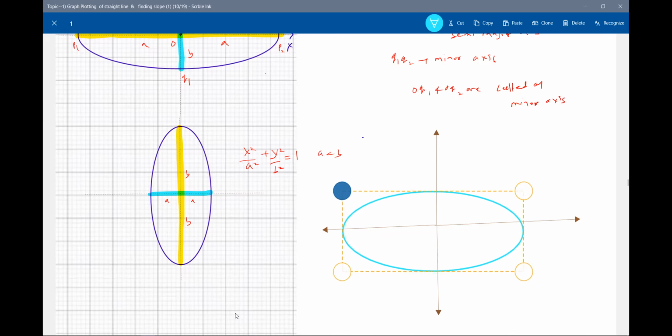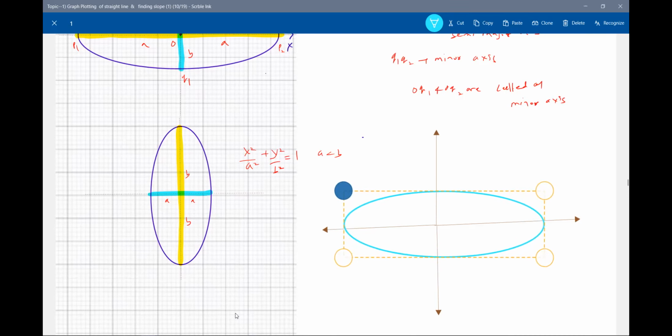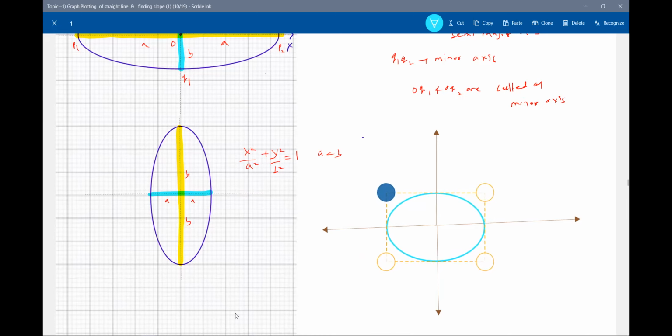Earlier this was the condition. This was the ellipse. Now A equal to B. If A equal to B, then it'll become a circle. So in the ellipse only, we can introduce the idea of a circle. This is what actually we have to learn.